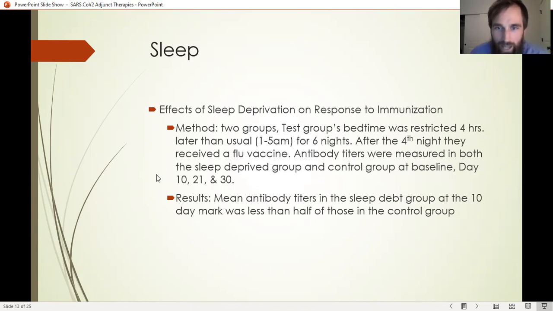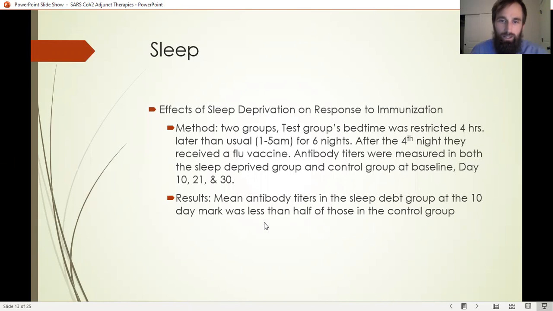The mean antibody titers in the sleep debt group at the 10-day mark were less than half of those in the control group. So if you're sleep deprived and you're infected with COVID or the common cold or anything, or if you have the flu vaccine, your body is not able to mount the adequate response that it normally would if you were not sleep deprived.